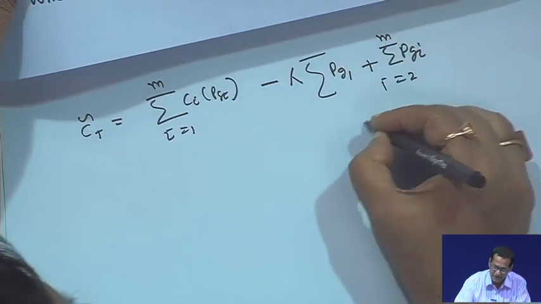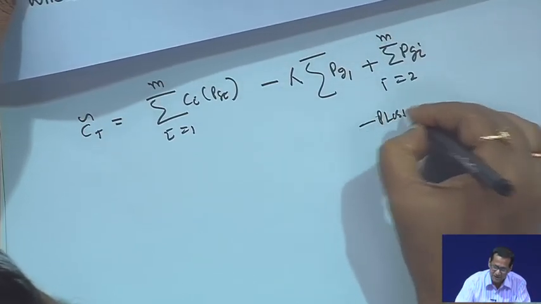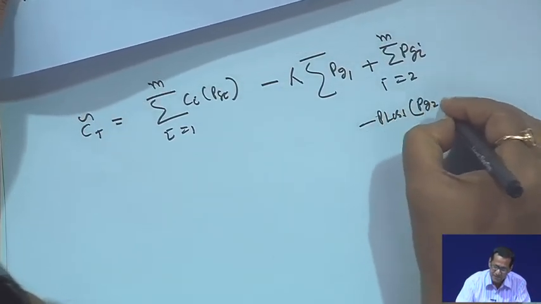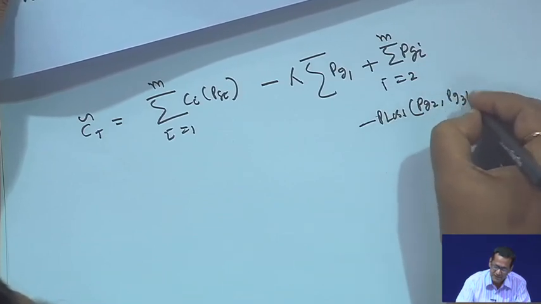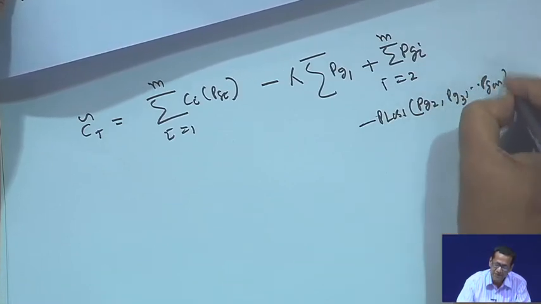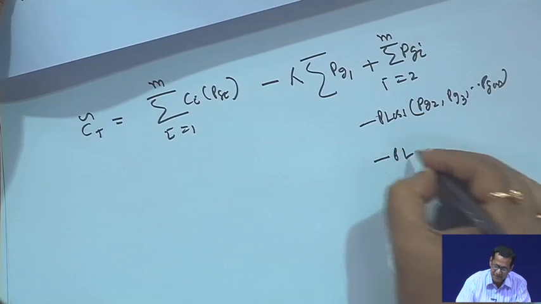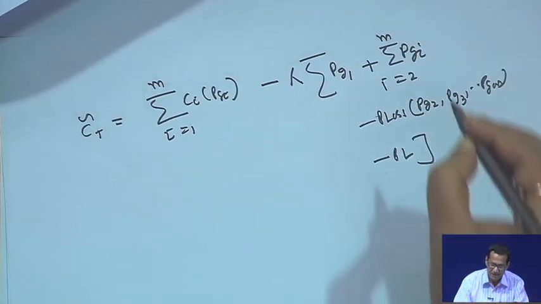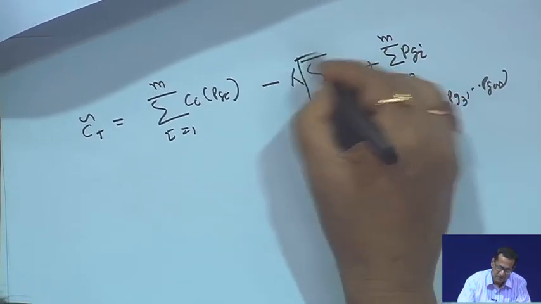So, minus your P loss, it is a function of Pg2, Pg3 up to Pgm, then minus PL. This is your bracket close.